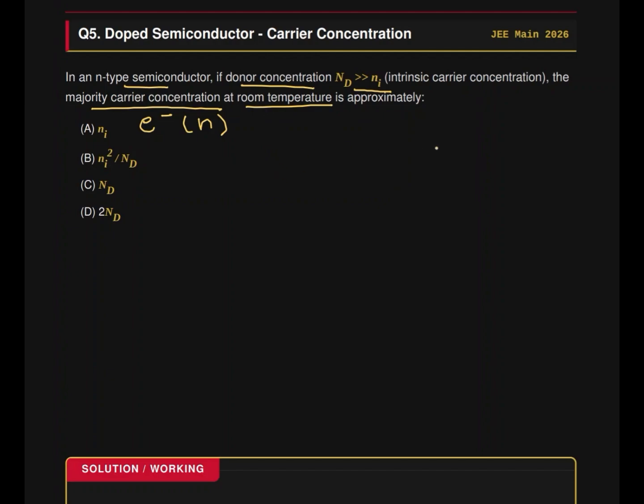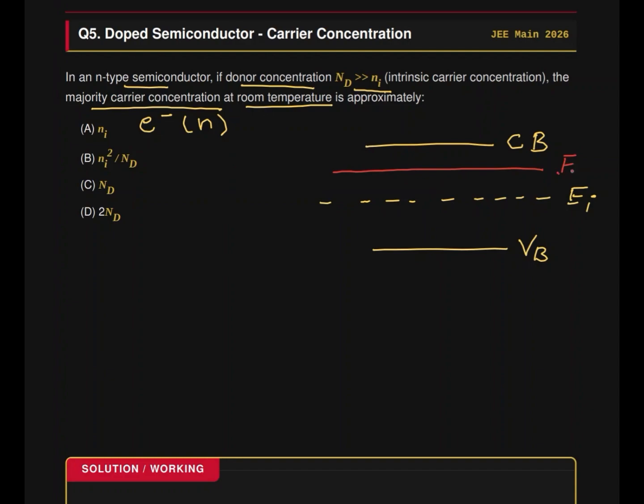If we have, let's say, this is the conduction band and this is the valence band, this is the intrinsic Fermi level of intrinsic semiconductors. What we have in N-type is that the Fermi level goes up like this, and we have extra electrons from the donor impurity, right?